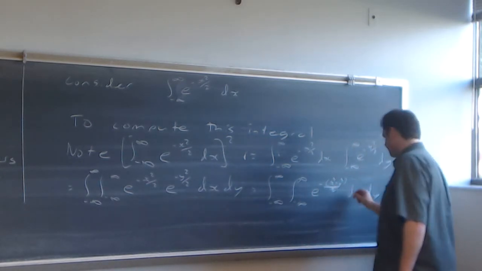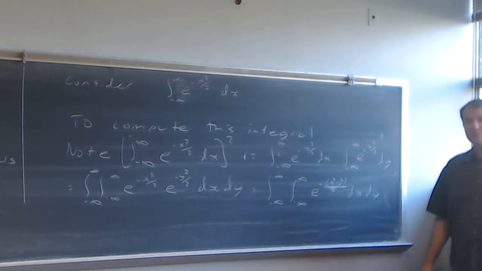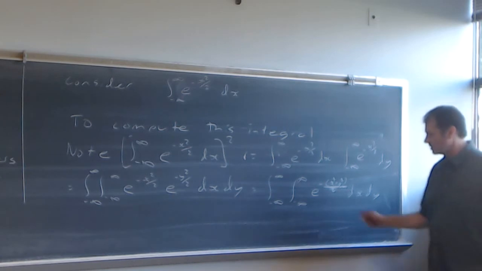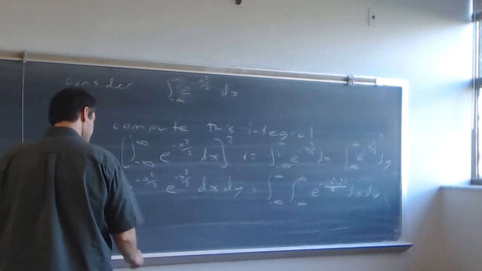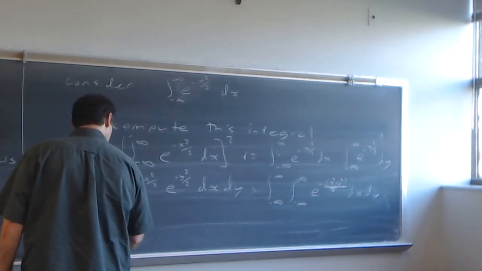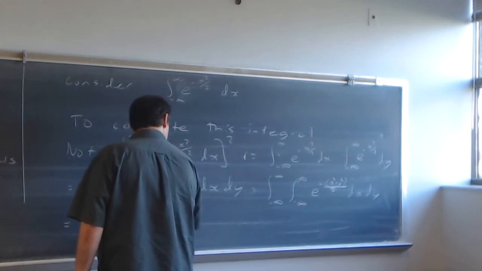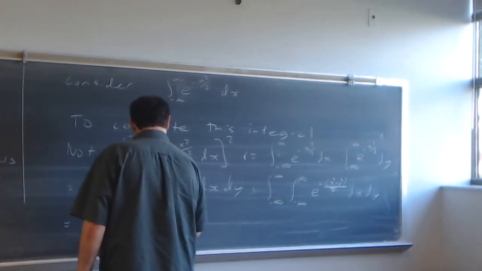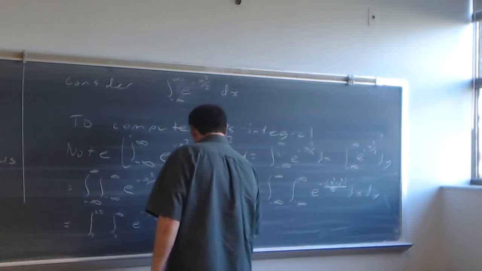Now, what I'm going to do is a change to polar coordinates. So this becomes the integral from 0 to 2 pi, from 0 to infinity, of e to the minus r squared over 2, and then r dr d theta.